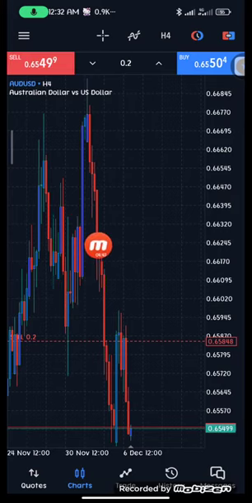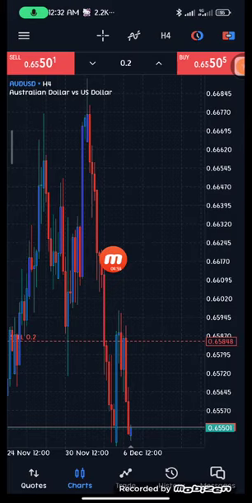So MT4 and MT5 are used for what? Taking trades. If you want to do analysis, get TabTrader or get TradingView. I think TradingView is more popular, so get TradingView and start using it for analysis, and come back to MT5 and take your trade.